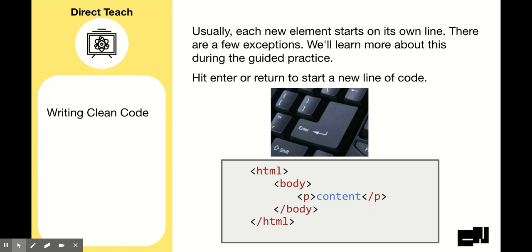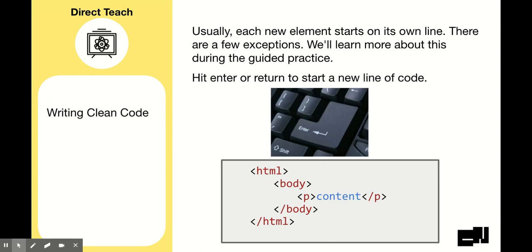Writing clean code is also really important. If you're thinking about an outline or notes, you probably have a system for writing good notes. You probably want it to be very neat and structured with some sort of outline to it. Just like that in code, we want it to follow the same kind of rules and make sure that usually each element starts on its own line.